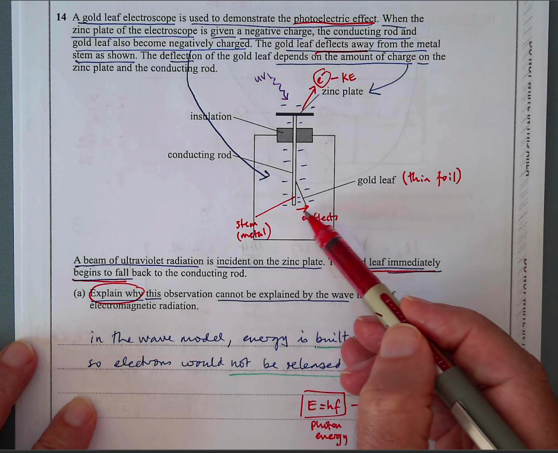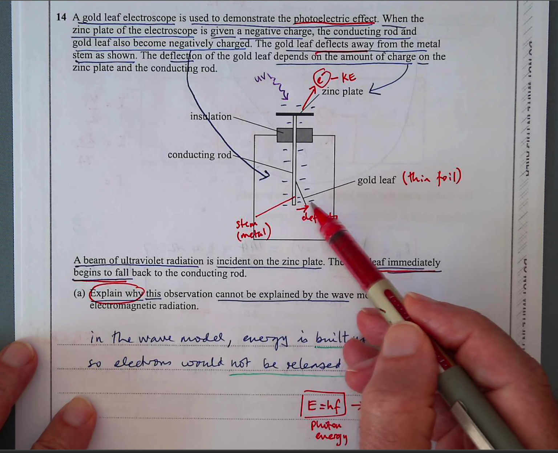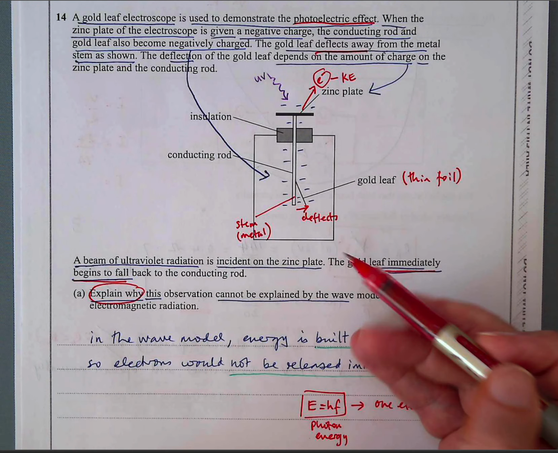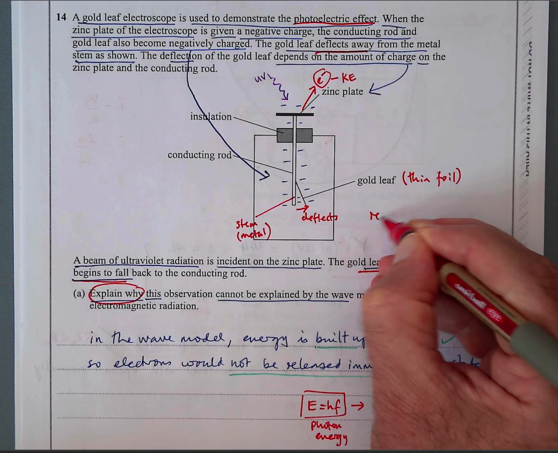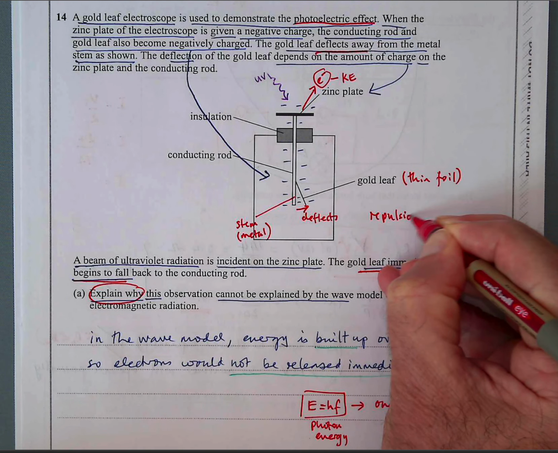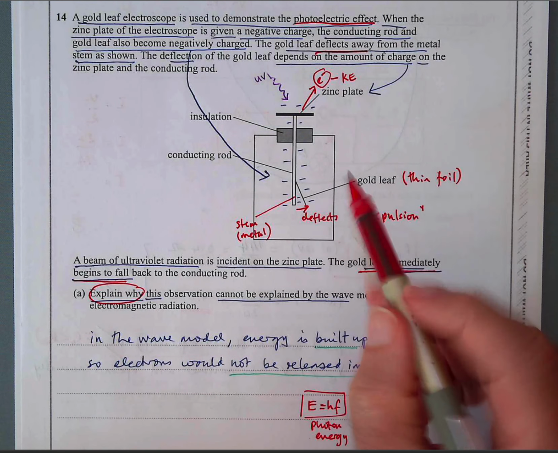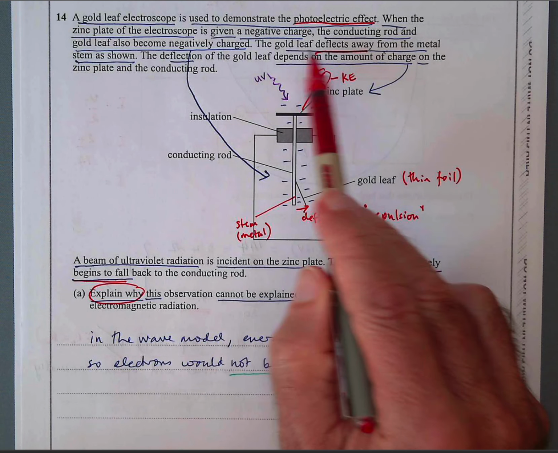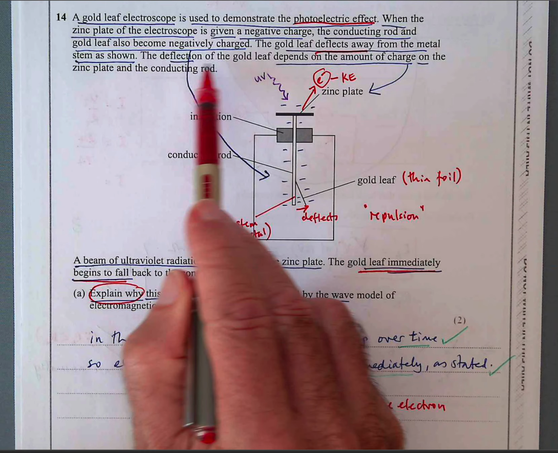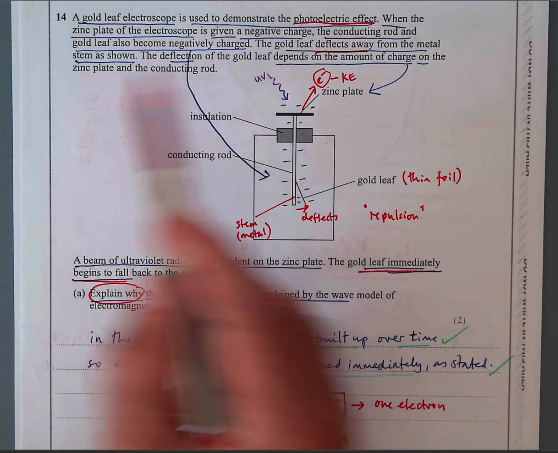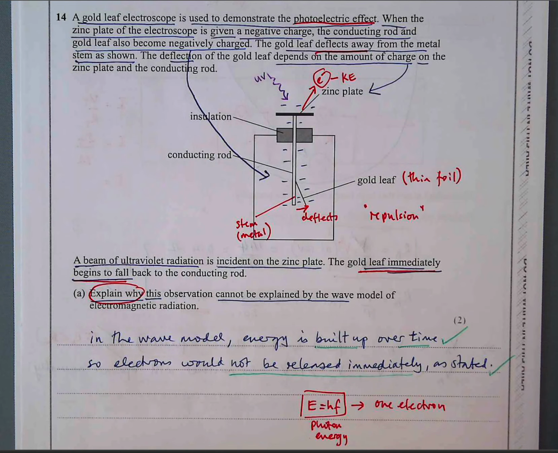The gold leaf will be deflected away from the metal stem because they're both negative and repulsion occurs. This creates a repulsion force which lifts the gold leaf away from the metal stem. That's what the rest of the question tells you: the deflection of the gold leaf depends on the amount of charge on the zinc plate and the conducting rod.